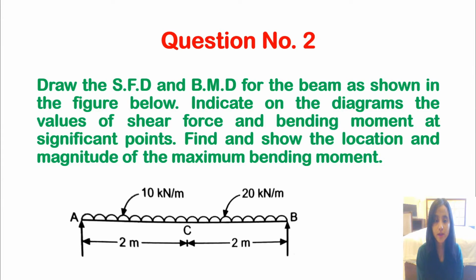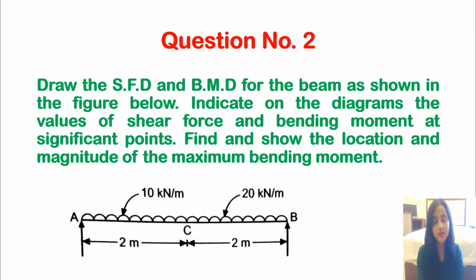Let us solve the second numerical. Draw the SFD and BMD for the beam as shown in the figure below. Indicate on the diagram the values of shear force and bending moment at significant points. Find and show the location and magnitude of the maximum bending moment.